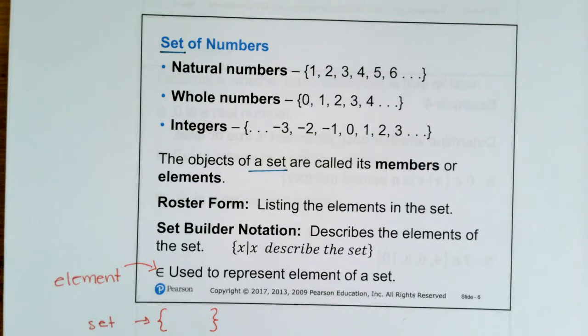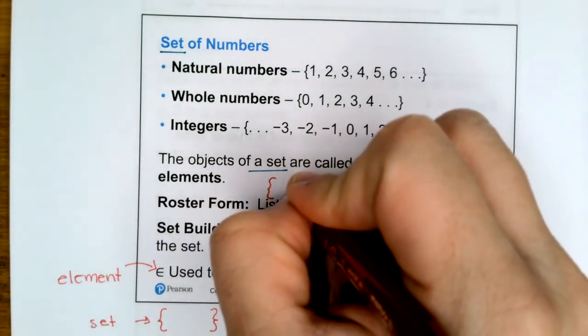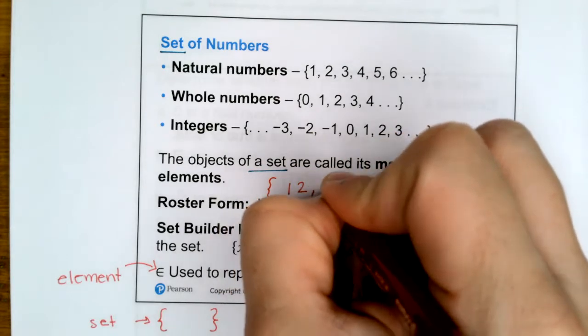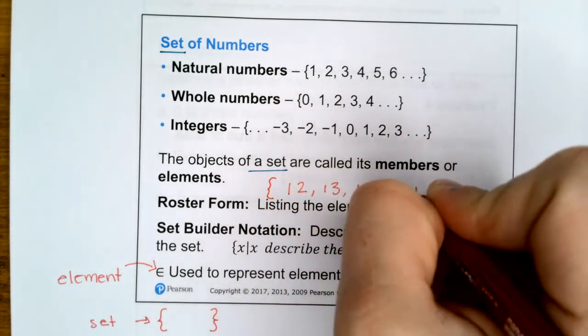All right, so we have 2 forms to write a set or a group in. We have roster form. Roster form means we're just going to put every single element of the set in between the brackets, right? So I'll start with 12, 13, 14, 15, 16.